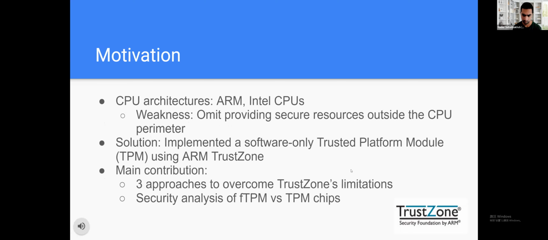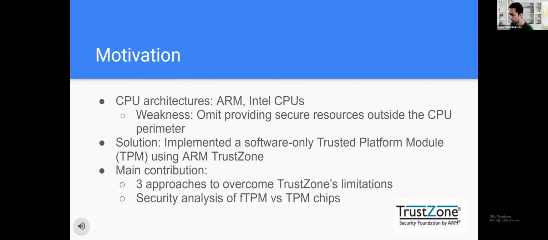First, I will discuss the motivation of this paper. The current CPU architectures, such as ARM and Intel CPUs, have started to offer trusted computing features in their CPUs, aimed at displacing dedicated trusted hardware. Unfortunately, these CPU architectures raise serious challenges to build trusted systems because they omit providing secure resources outside the CPU package.